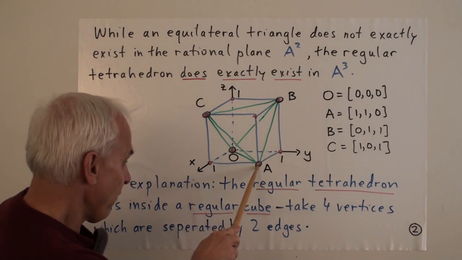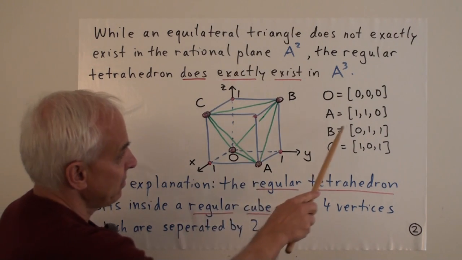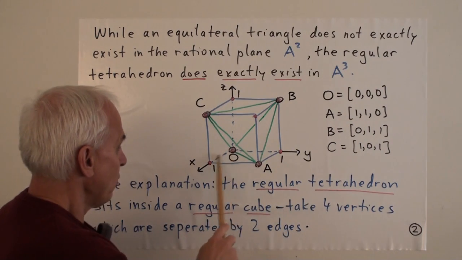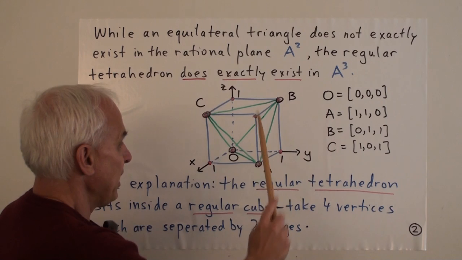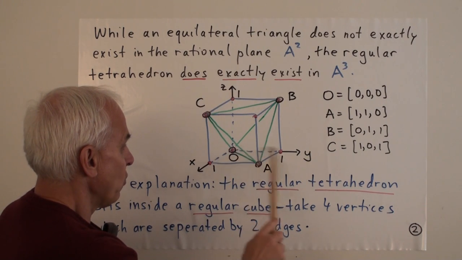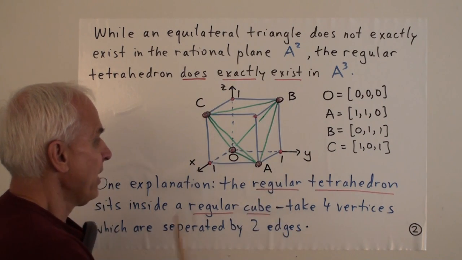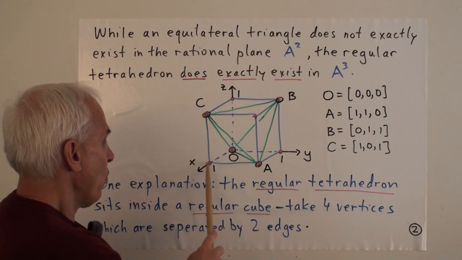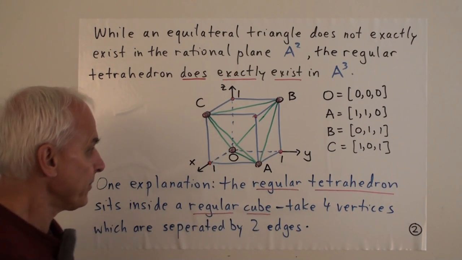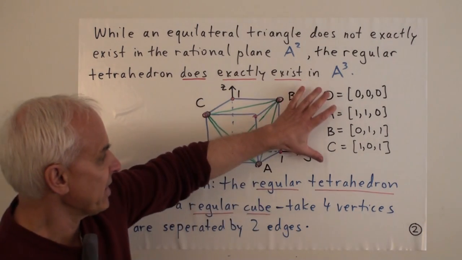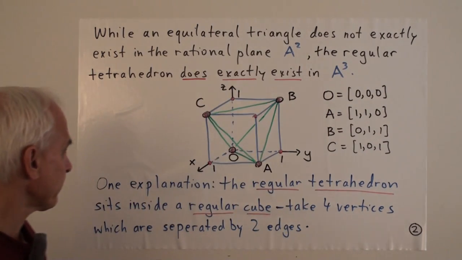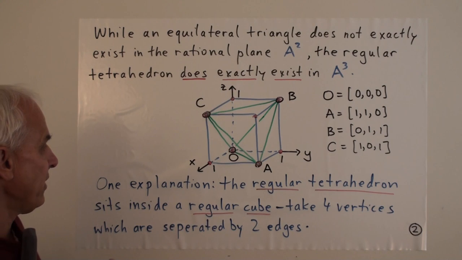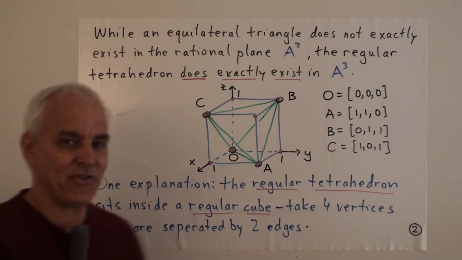And so these vertices A, B, and C have coordinates: A is 1, 1, 0. That is, 1 in this direction, 1 in this direction, 0 in the z direction. B is 0 in the x direction, 1 in the y, 1 in the z. And C is 0 in the y direction, 1 in the x, and 1 in the z. So we have very precise control over the 4 vertices. The origin, of course, is just 0, 0, 0. And this makes analysis of this situation quite simple.